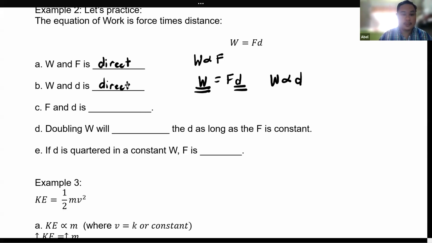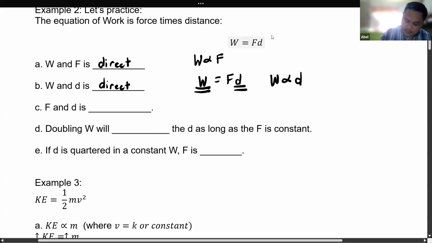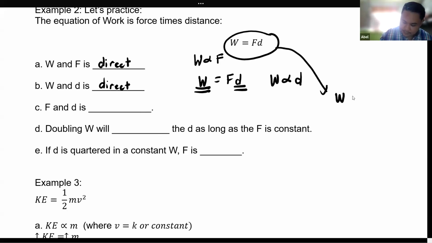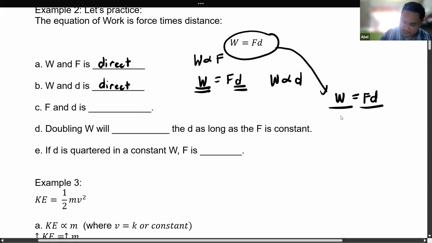Now, how about the force and D, or the F and D? If we derive for this part, we have work is equal to FD. Divide both sides by F, so we can cancel out.